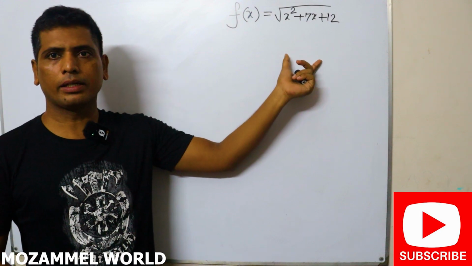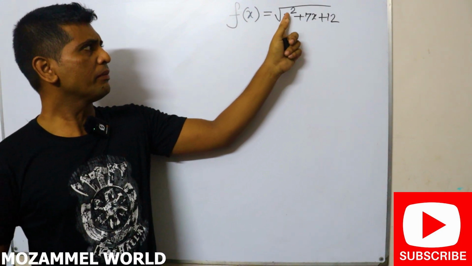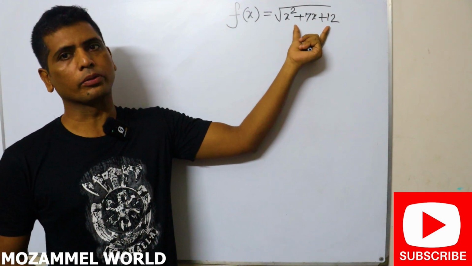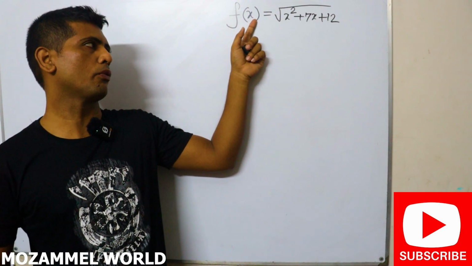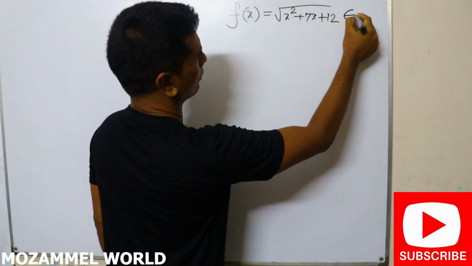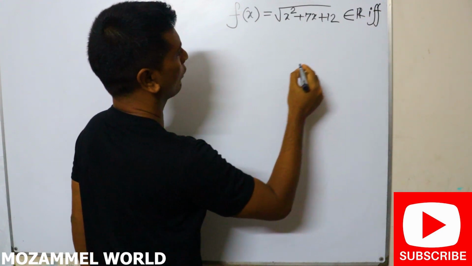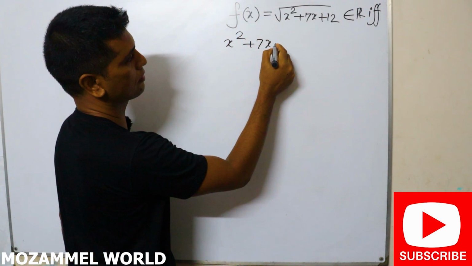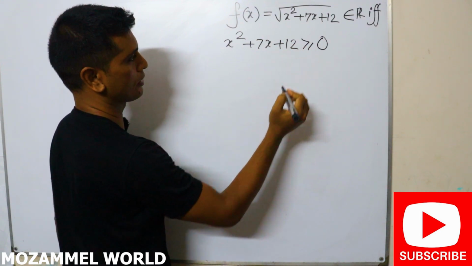For the term inside the square root, if this value is positive or 0, only then will we get the real value of f of x. So this belongs to R if and only if x square plus 7x plus 12 is greater than or equal to 0.